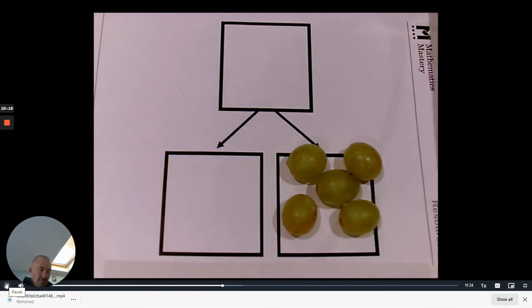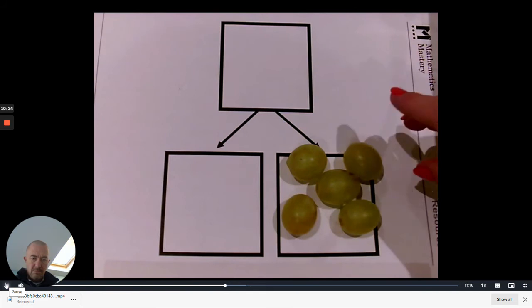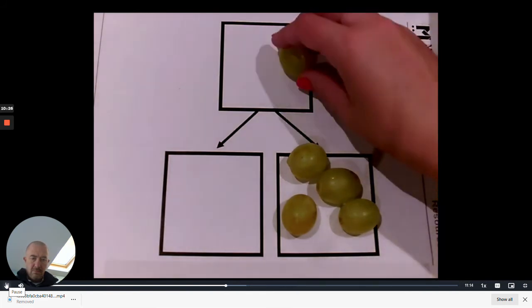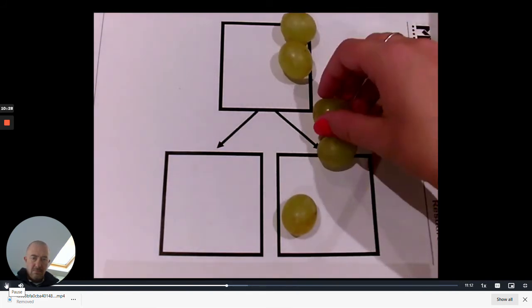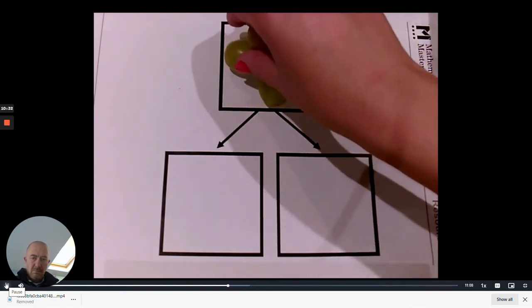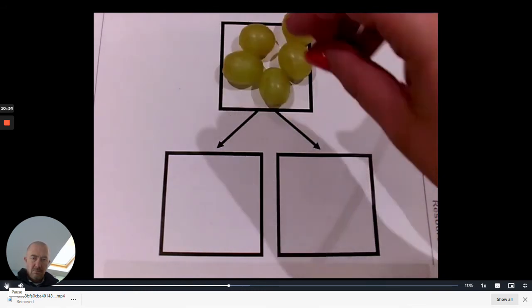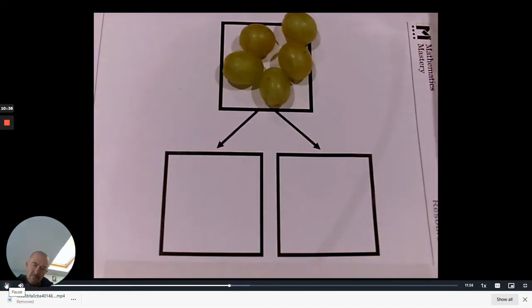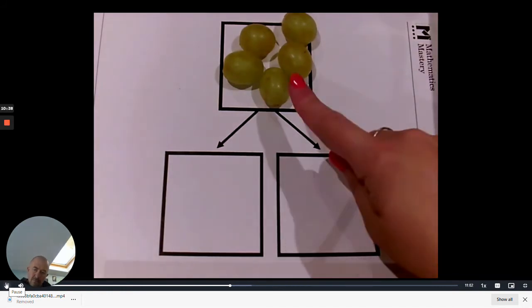Let's find out. So, just like last time, I'm going to take my parts and add them together. So, I'm going to move them into my whole. I've got 1, 2, 3, 4, 5. I've added my part 5, and I'm going to add my 0 to 5.